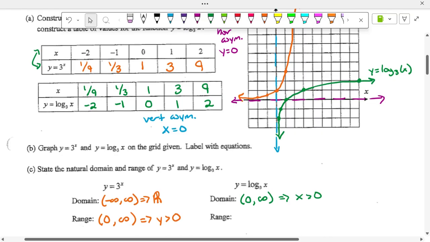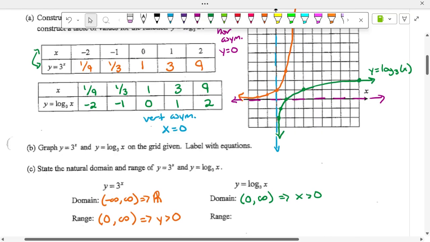What about the range? What do you think the range is going to be? What's our lowest possible y value? Negative infinity. See this arrow right here? It's going to go down forever. What's our highest y value?